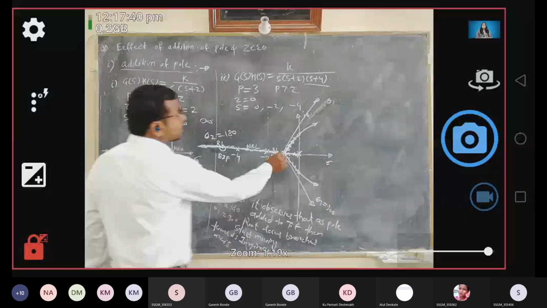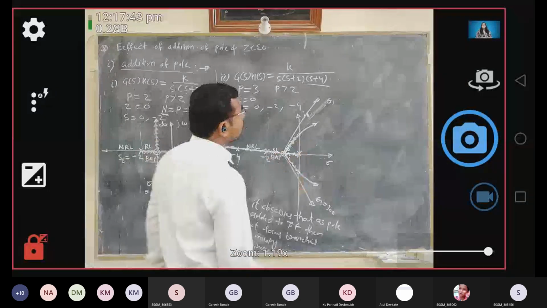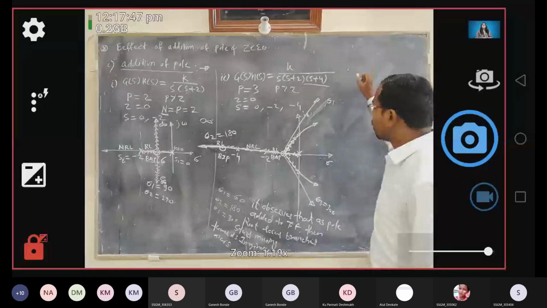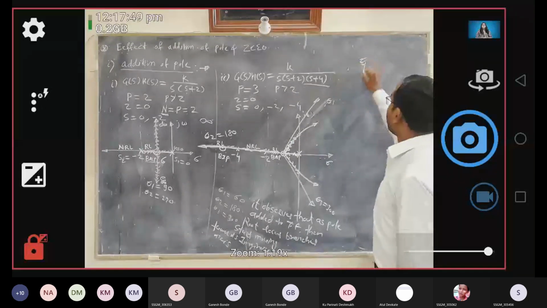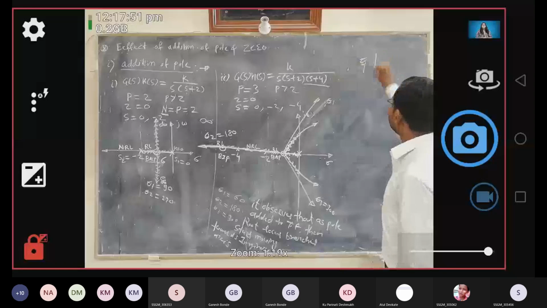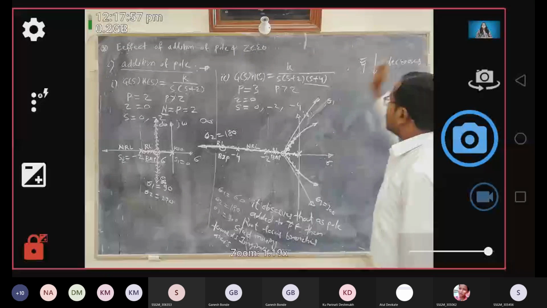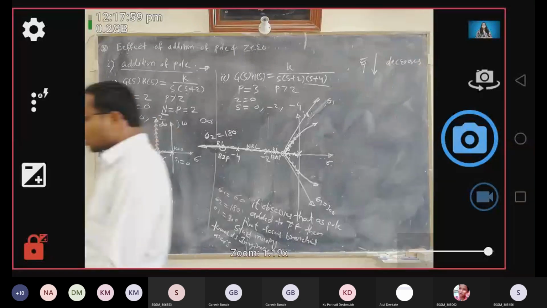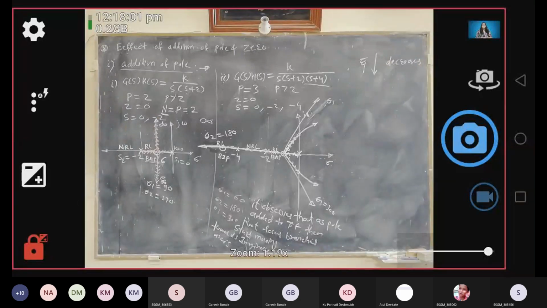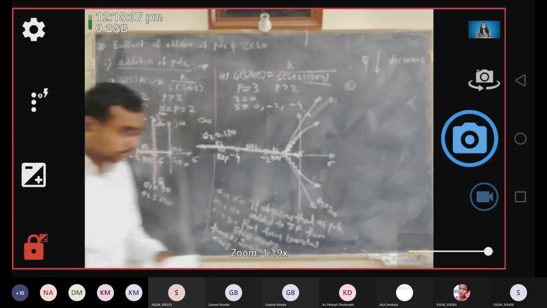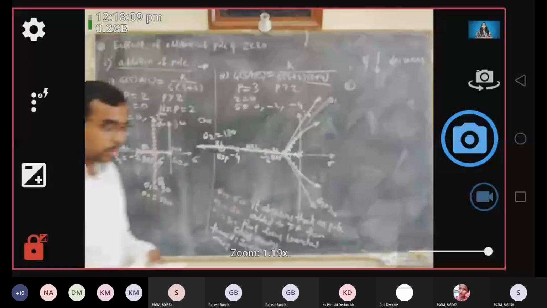As the root locus branches start moving towards the imaginary axis, in the case of addition of a pole, the value of damping ratio zeta decreases. So we draw a conclusion for the effect of addition of poles. Our first conclusion is that the root locus shifts towards the imaginary axis.